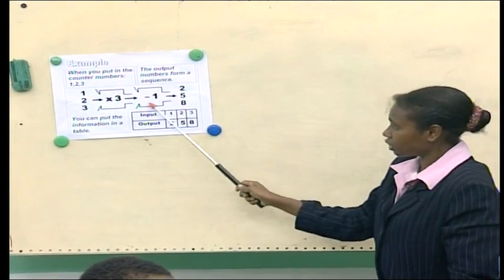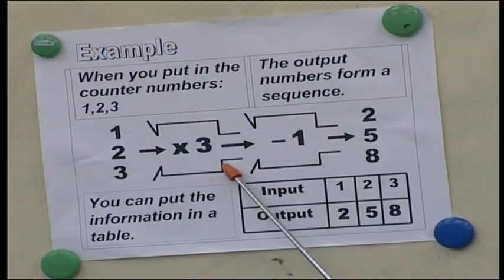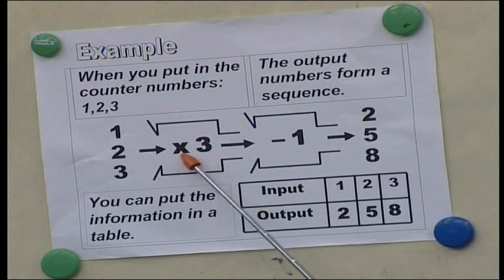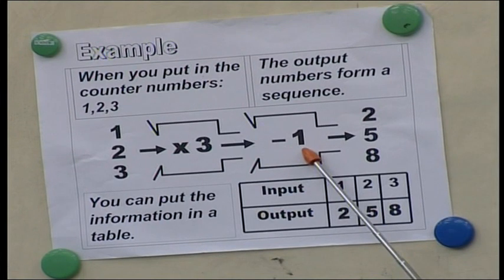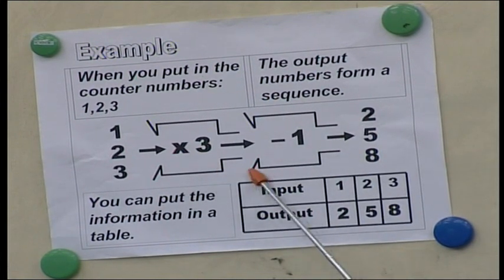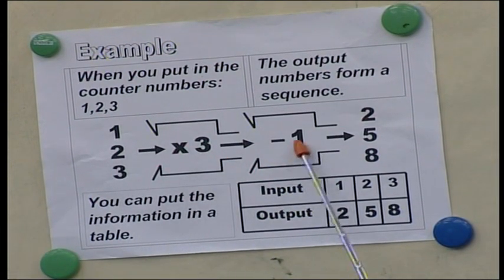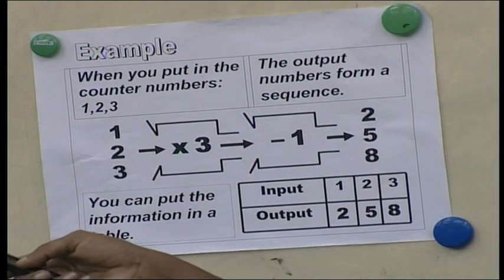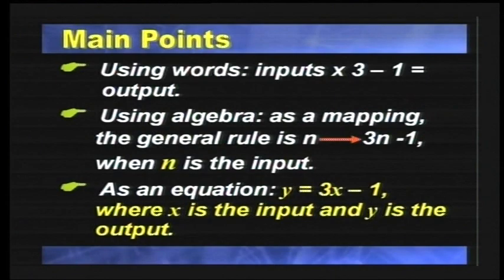In the main function machine, you have the function rule times 3, arrow, minus 1. Now, how many function machines do we have here? There are 2 function machines, so these are the numbers that I have included in that main point on how you can write that using words.